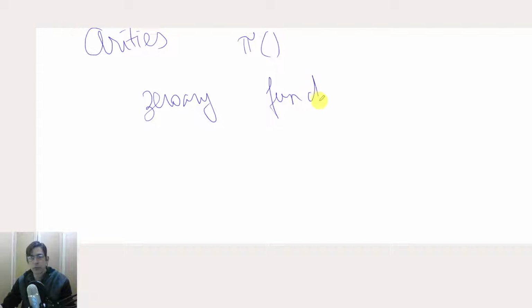So that's why we can have functions with different arities. For instance, we can have a function like pi. Pi is a zero-arity function, which means the arity of this function is 0.